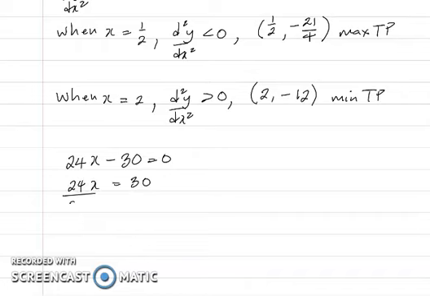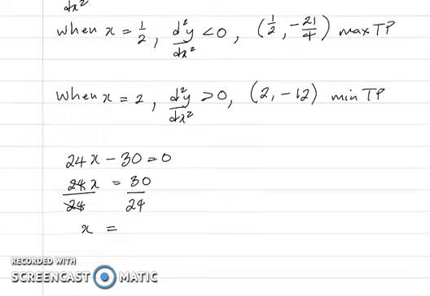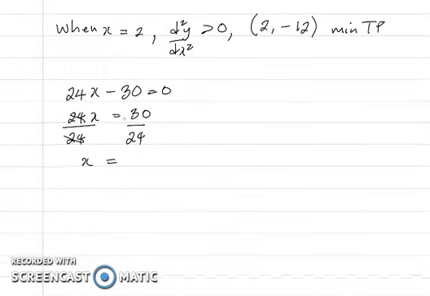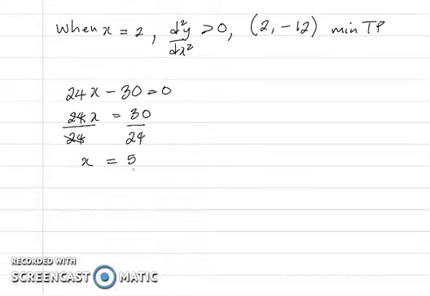Divide both sides by 24. So x would be equal to, 6 into both of them, you get 5 over 4.